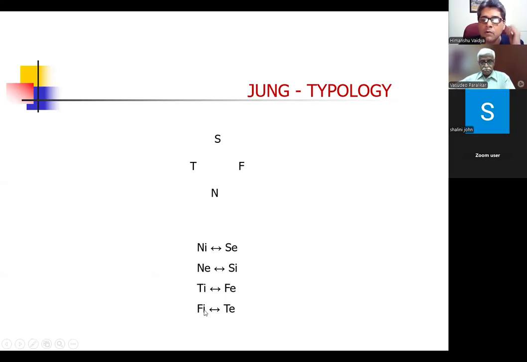If somebody is introverted with feeling as a dominant function, his auxiliary function will be extroverted thinking. Then the thinking will be directed outside, not inside, because thinking can happen both ways. If you look at extroverted thinking, you are looking at an engineer. If you look at introverted thinking, you are looking at a psychologist.